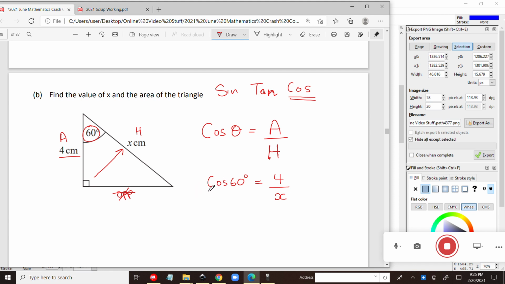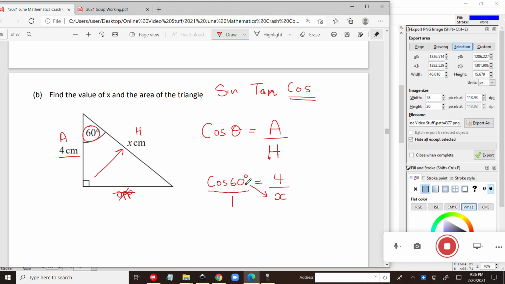All we need to do here is cross multiply. Now we have two options. We can cross multiply one time, or we can find cos 60 first, round it off to about 2 decimal places, and then cross multiply. It's really up to you, but I'm going to cross multiply straight without finding cos 60 first.